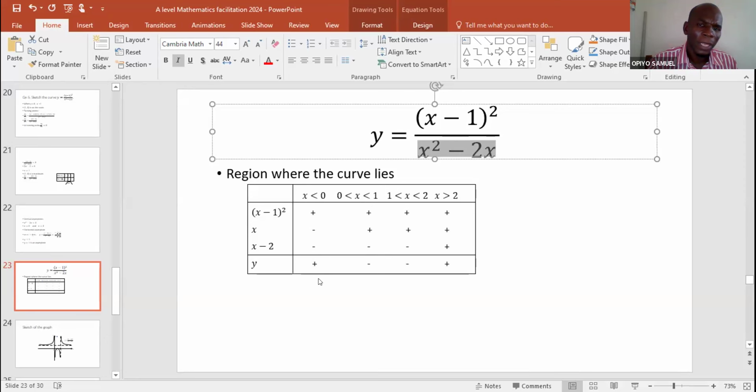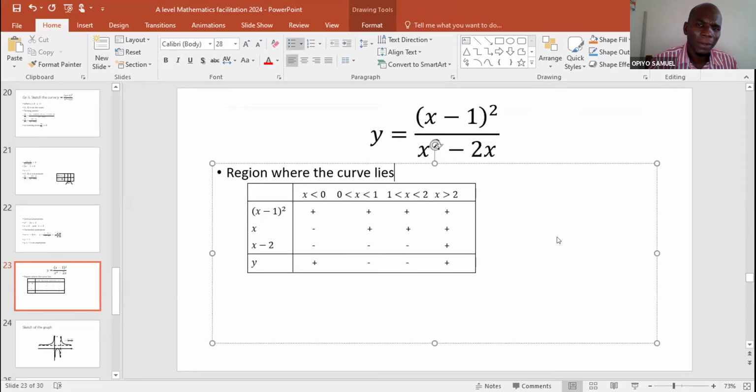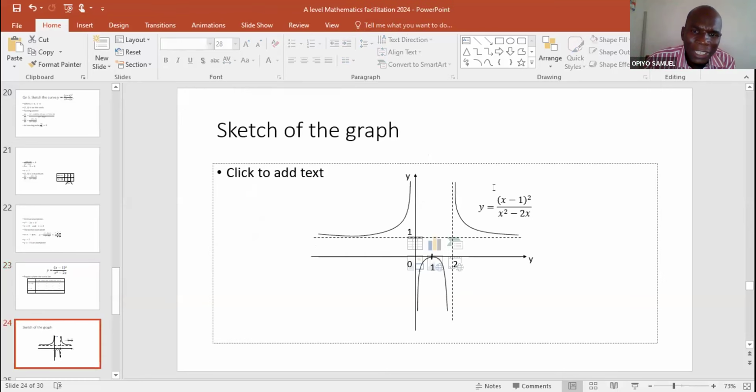Hello? Yes. Teacher, what if we find a situation where the curve has to cut the asymptote? How do we sketch it? No. Listen, I said a curve will never cut the vertical asymptote.